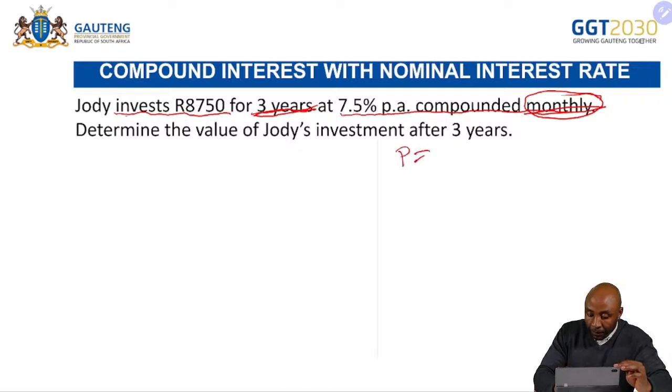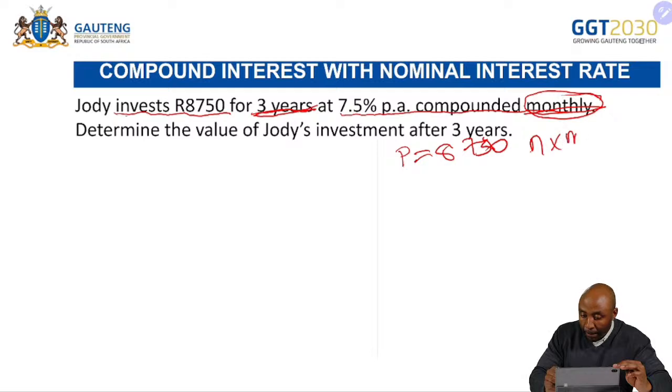Our P is 8,750. Our N times M will be equal to 3 times 12, and that will give us 36.